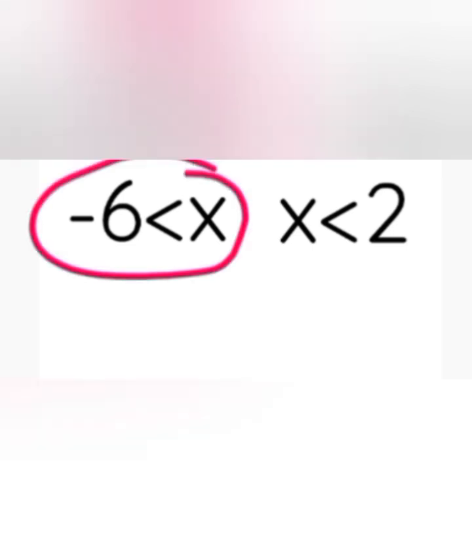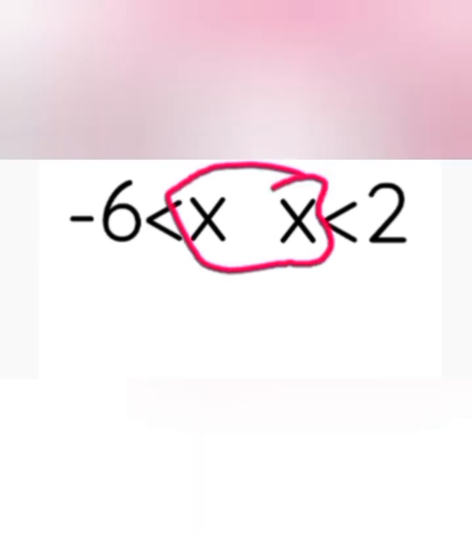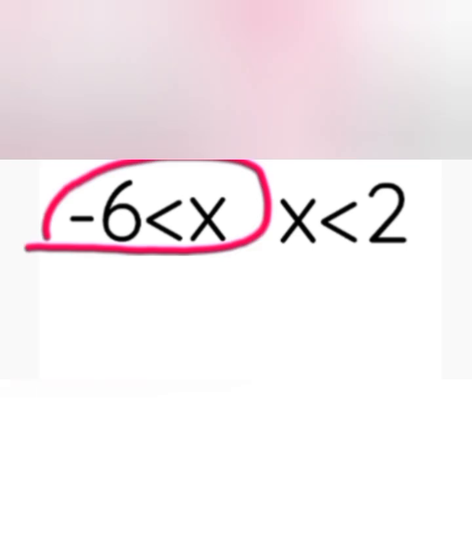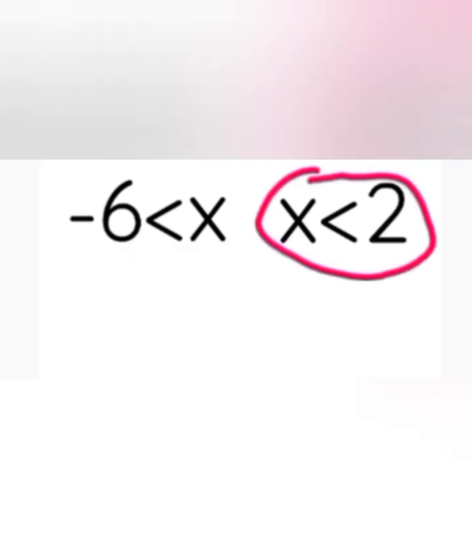Now, we have two solutions here. We have this one and this one. But you can see that there is something common here: negative of 6 being less than x, and x in turn is also less than 2.